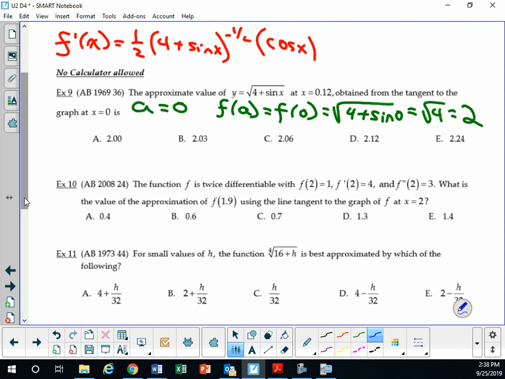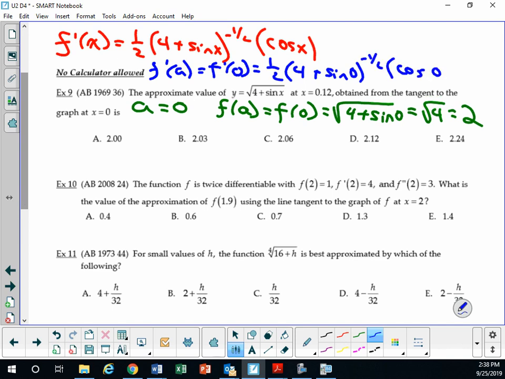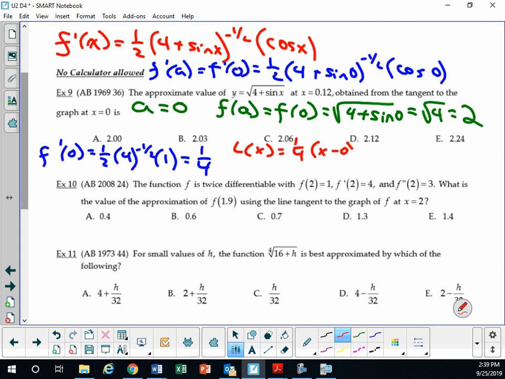But I want f prime of A, or f prime of 0: 1/2 times 4 plus the sine of 0 to the negative 1/2 times the cosine of 0. So that's 1/2 times 4 to the negative 1/2 times 1. 4 to the negative 1/2 is 1/2, so this becomes 1/4. So my equation, L of x, becomes 1/4 times x minus 0 plus 2.